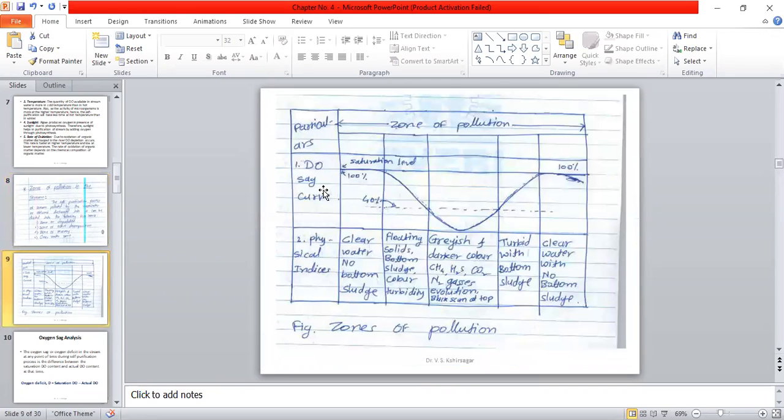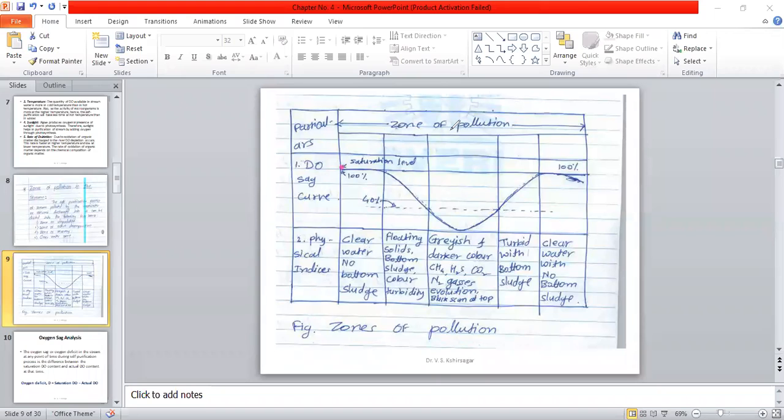These are the particulars. Here I have written the dissolved oxygen sag curve, then physical indices: what kind of physical appearance of that river you will be able to observe. And this entire area is the zone of pollution. This is the spot where you are going to add the sewage.